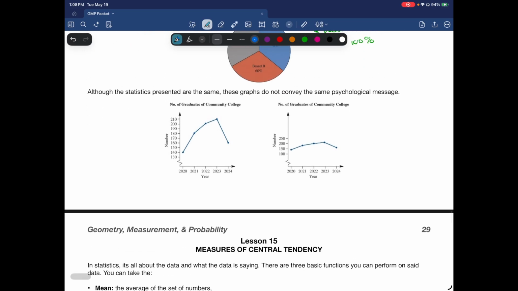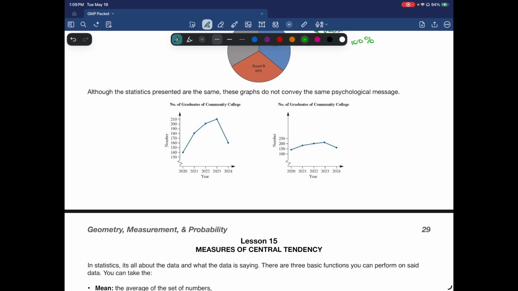Although statistics are presented over time, these graphs do not convey the same physiological or psychological message. So the number of graduates in a community college, once again, this is the same data set. One of them starts at 130 and goes up by 10. One of them starts at 100 and goes up by 50.